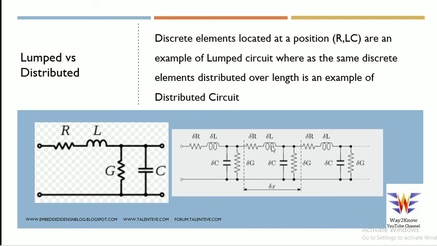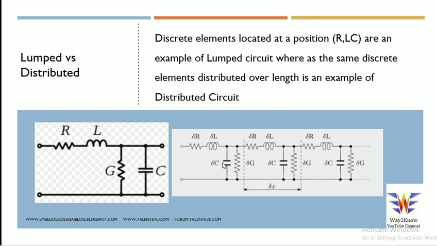So if you take a wire, for example a coaxial cable which is carrying a signal, that is an example of a distributed circuit where the same section is replicated over a length. Anytime, if you cut out that particular section, you will see a replica of the other section.